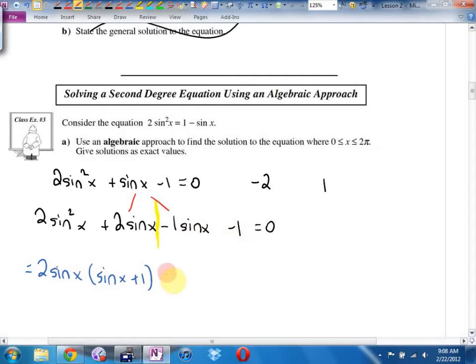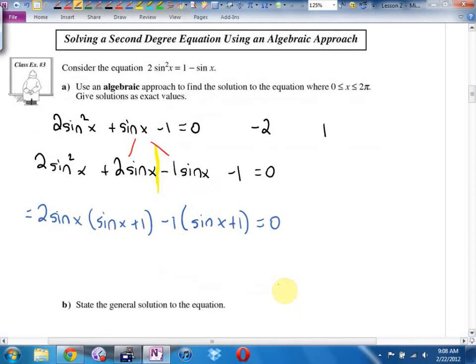A negative 1. Okay. I end up with that. Now we're not done.